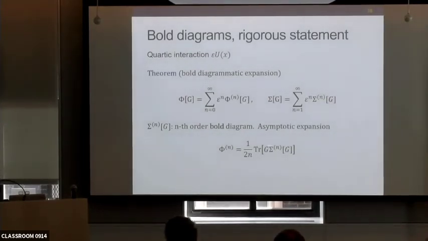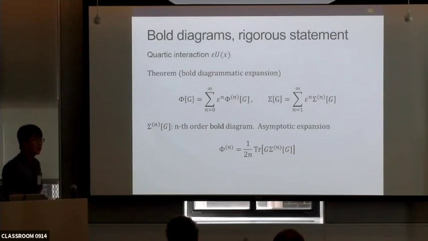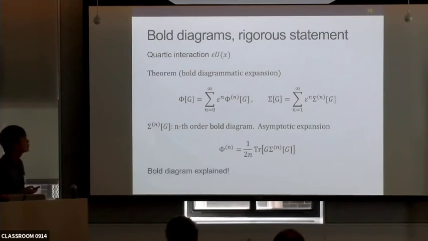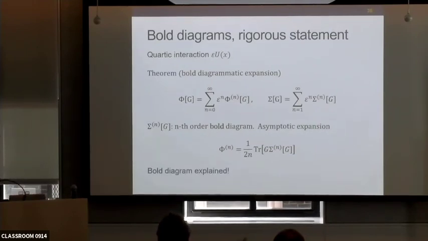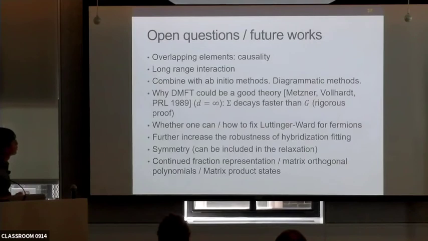In particular, as a corollary, it recovers the famous relation between the coefficients of the Luttinger-Ward functional and those for the self-energy. So the bold Feynman diagram is explained in one particular simple, non-interesting setting. There are many questions that can be asked.